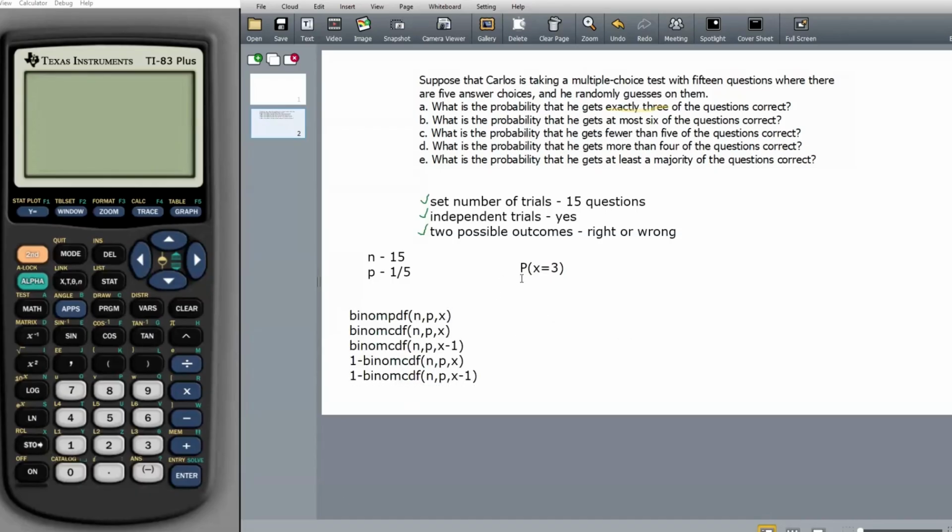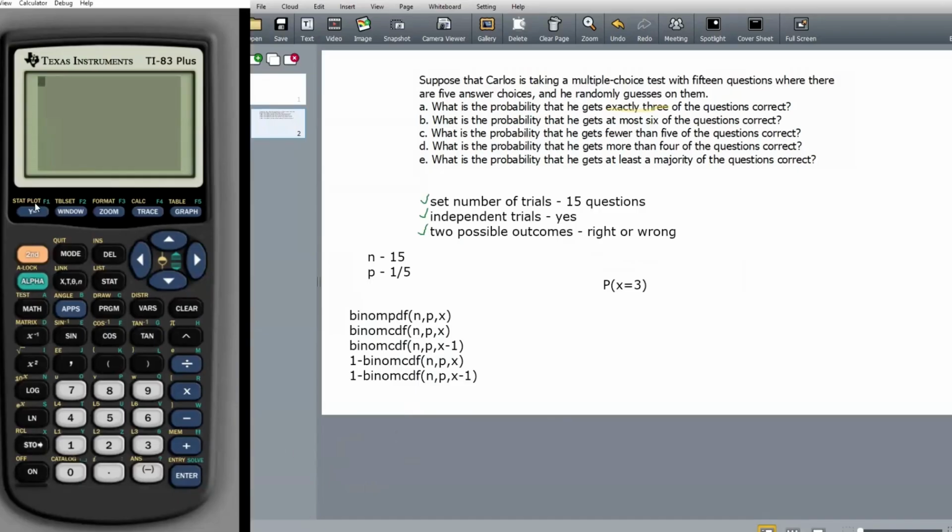I can then match this with one of my 5 scenarios. In this case, since I'm calculating the probability that x equals 3, I know that I'm going to do my PDF function. So in my calculator, I will click second, bars, and scroll down to binomial PDF.